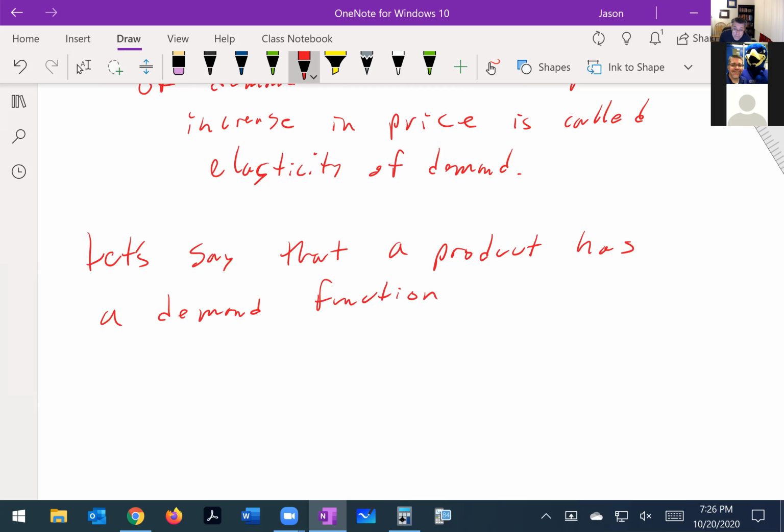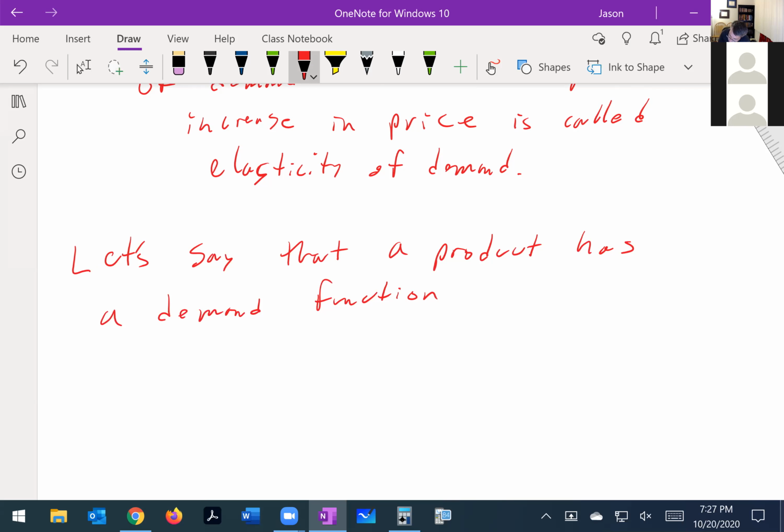As prices decrease, demand tends to increase because people are willing to buy at lower prices. Exactly, and vice versa. As price increases, what happens to demand? It decreases. So usually demand functions are inverse relationships. As price goes up, demand goes down.